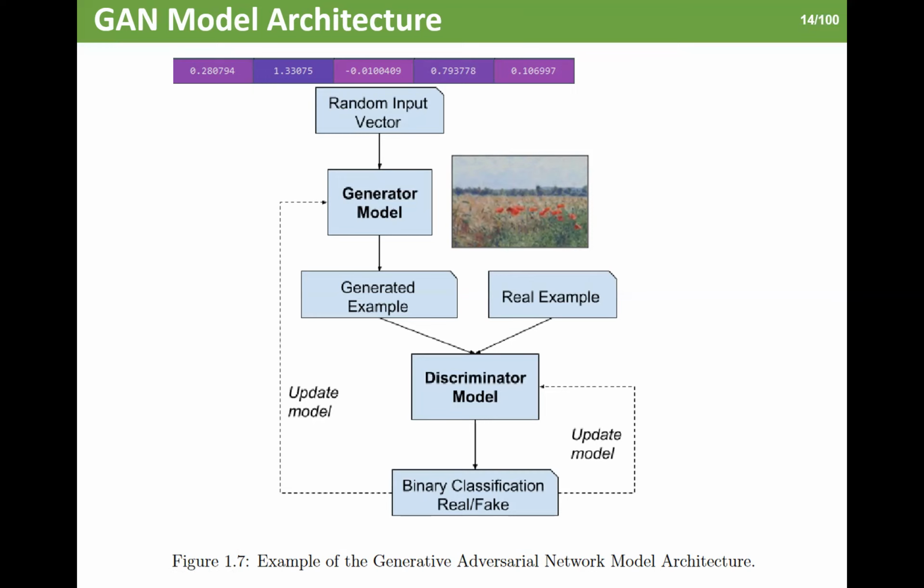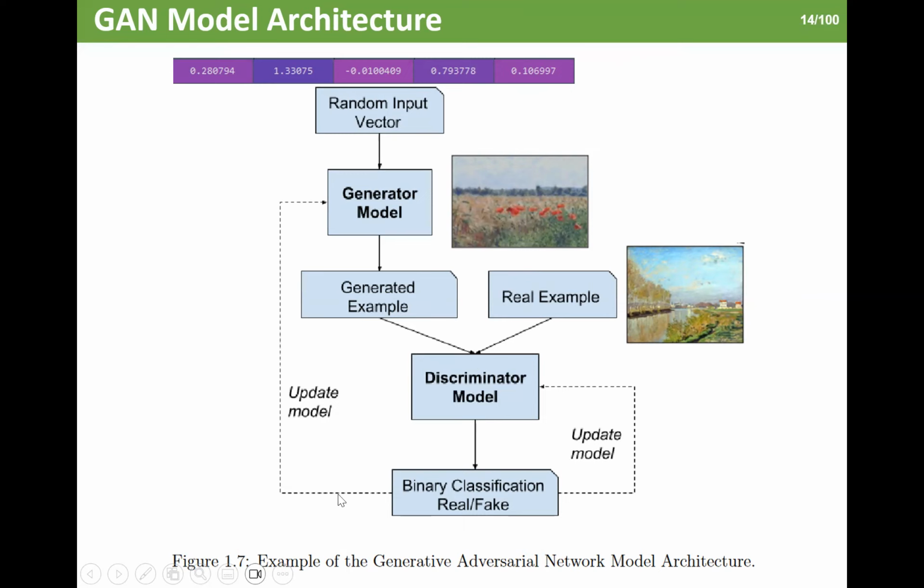The discriminator is trained. We feed it first a real Monet, and we have a label. The label is 1, it's real. If it makes a mistake, the discriminator will go back and adjust its weights. But the generator will generate a fake Monet, and the discriminator has to determine.